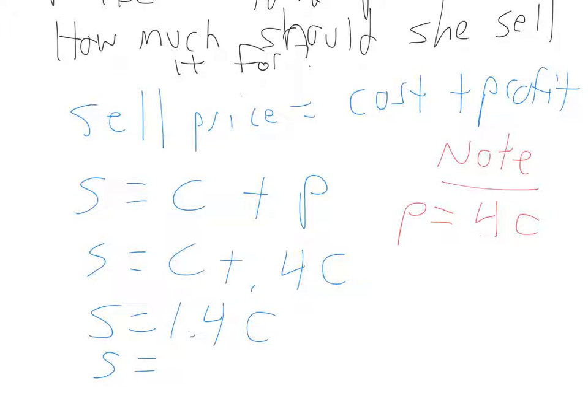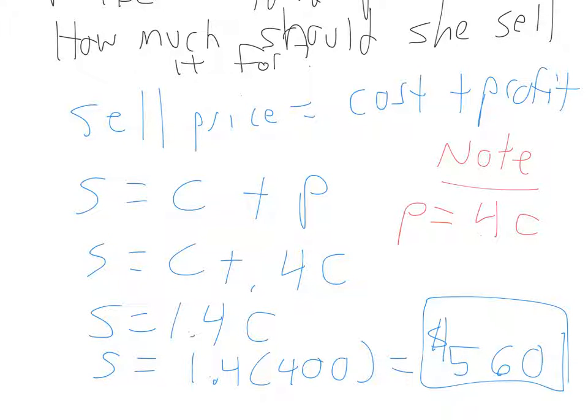Since the original cost was $400, that tells us the selling price should be $560. That means she should sell it for $560 if she wants to make a 40% profit.